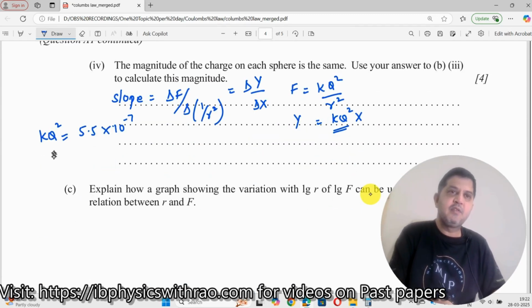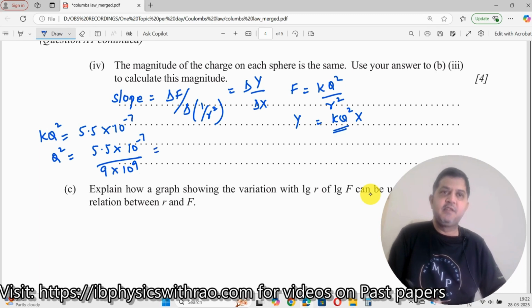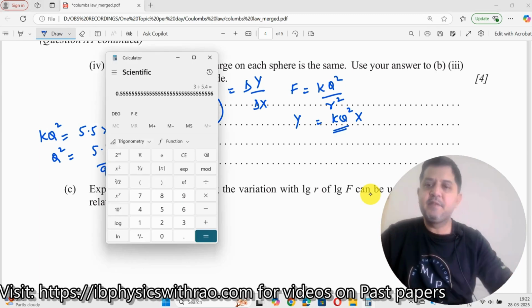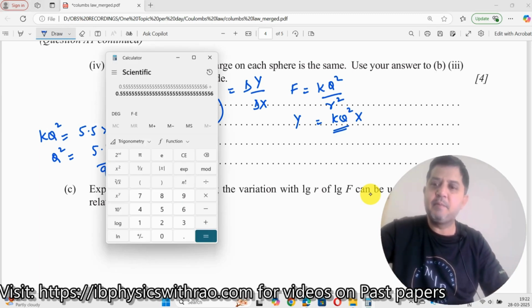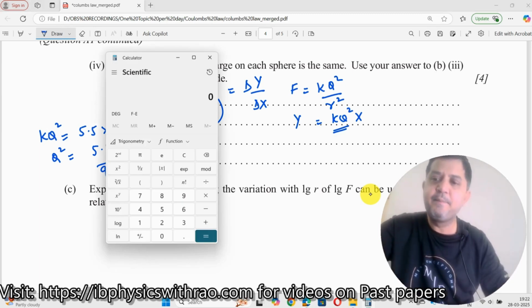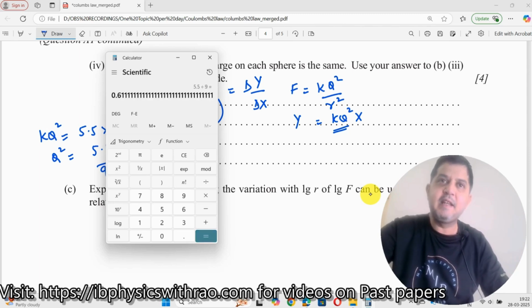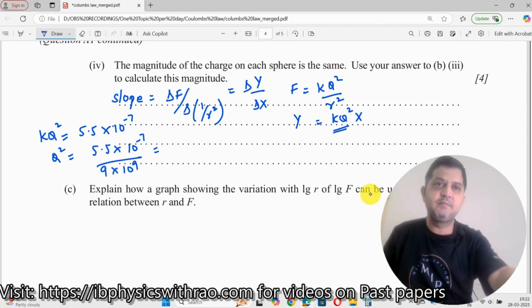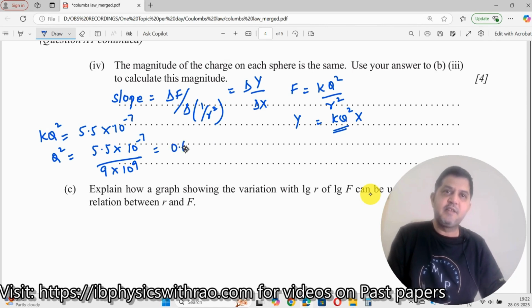Therefore, q square is equal to 5.5 into 10 to the power minus 7 divided by 9 into 10 to the power 9, right? That is the k value. 5.5 divided by 9 will be 0.61. This is 0.61 into 10 to the power of minus 7, minus 9. When it goes upwards, it becomes minus 9.